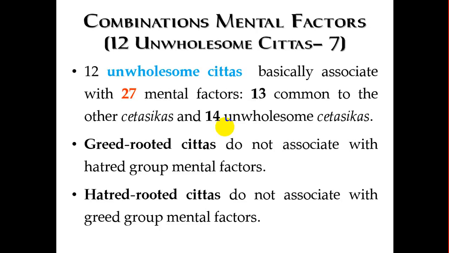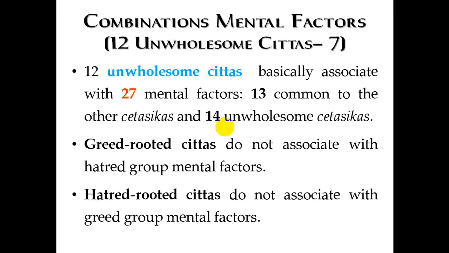The first four are called unwholesome universals because whatever unwholesome deed we do, these four are associated with it. And the last three are called the greed group, right? So when we are greedy, these three mental factors will come along together with the unwholesome universals, right?